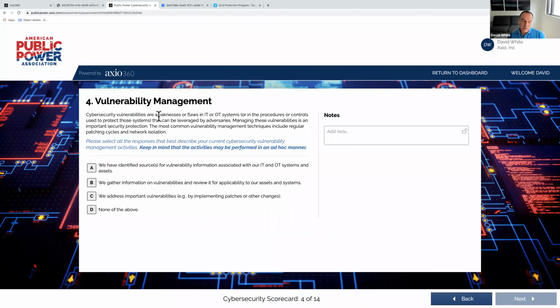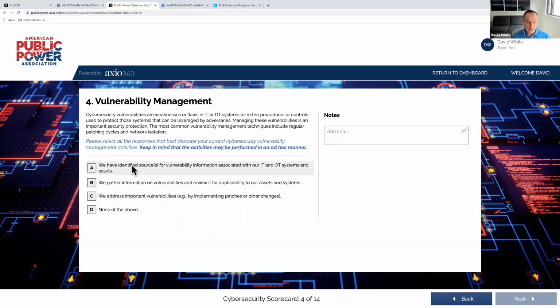Question 4 is on vulnerability management. Remember that vulnerabilities in the broadest sense are just weaknesses or flaws in IT or OT systems that can be leveraged by adversaries. They can also be weaknesses or flaws in your protective measures around those. So you could have a vulnerability associated with the strength of your password requirements, for example. That's another kind of vulnerability. A lot of the vulnerabilities that we talk about from a cybersecurity perspective can be addressed by implementing patches.